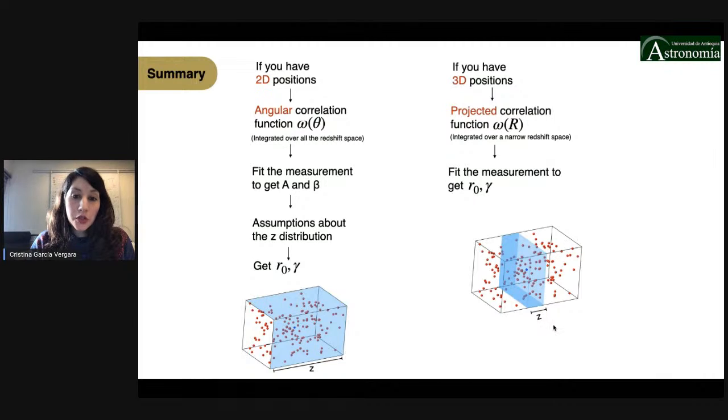Then you don't have dilution in this case. Then what you measure is exactly what it is. I mean, if your sample is strongly clustered, you will measure a strong clustering, which is not always the case in the angular correlation function.